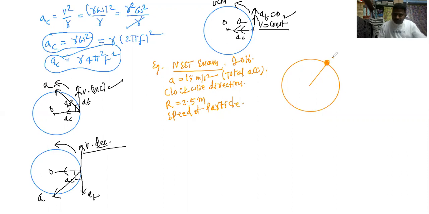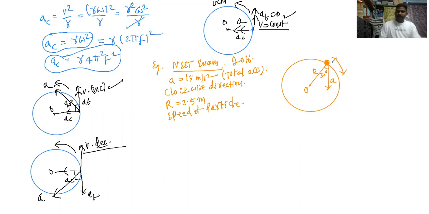So clockwise direction in the sense in this way it is moving. This is the center and this is the radius r. They have clearly mentioned that this is the acceleration, the net acceleration. So this angle is given as 30 degrees.